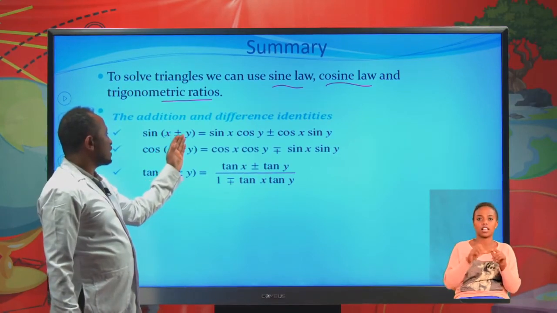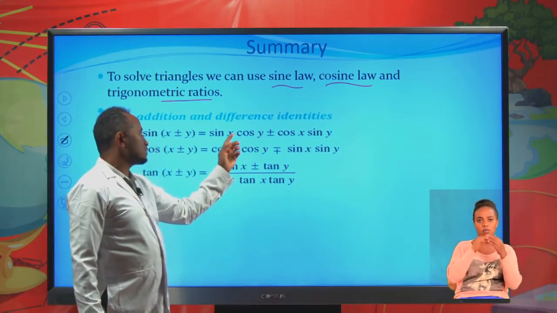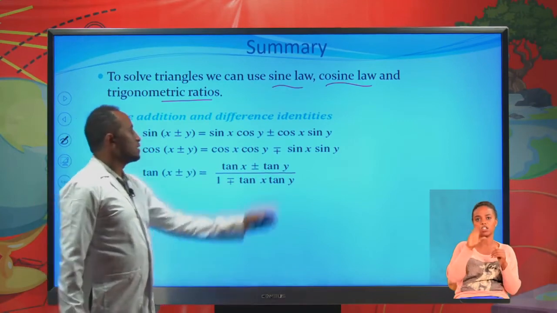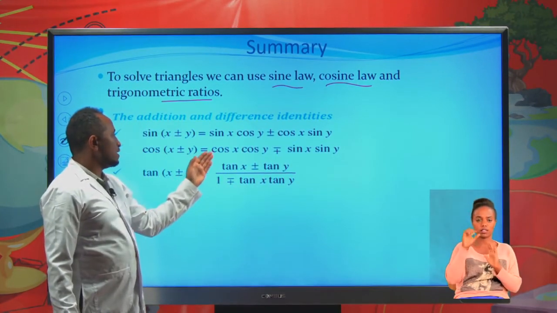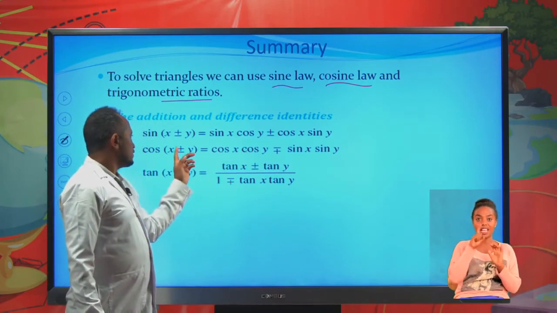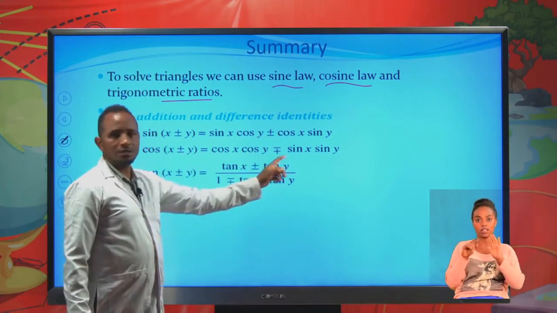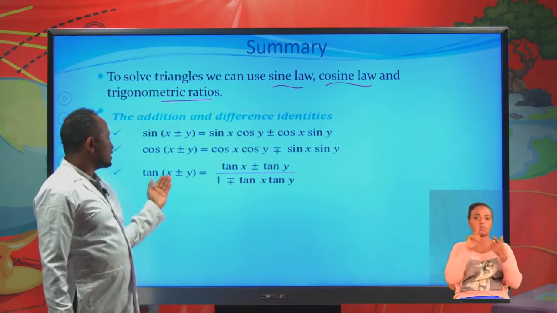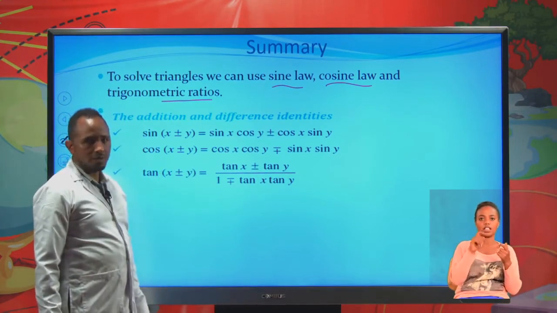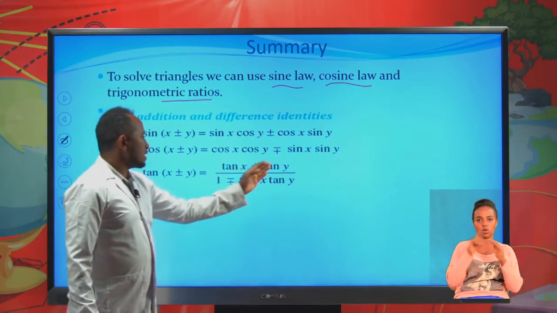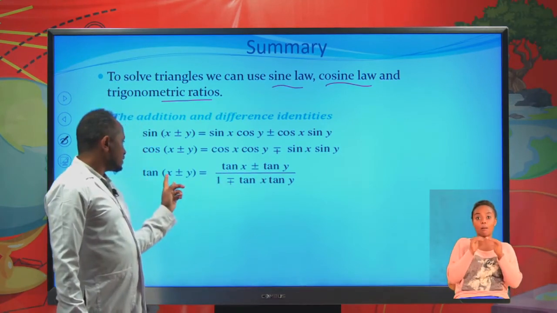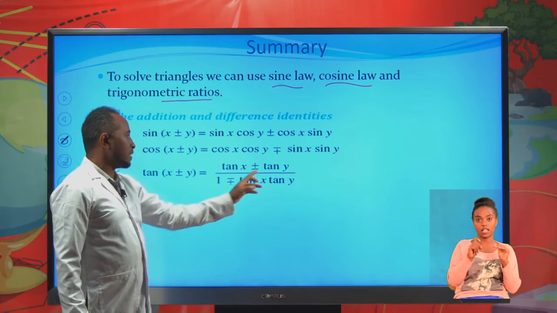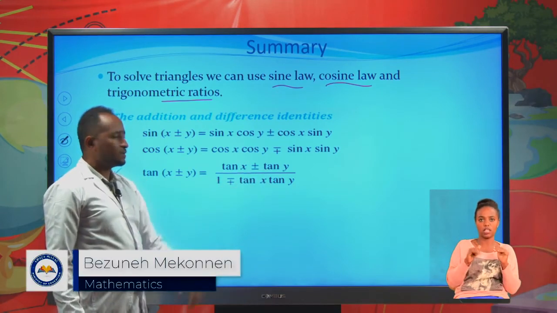Sine of x plus or minus y is given by sine x cos y plus or minus cos x sine y, and cos of x plus or minus y is given by cos x cos y minus, if it is plus, or plus, if it is minus, sine x sine y. And tan of x plus or minus y is given by tan x plus tan y over 1 minus tan x tan y, or for the minus case you use the lower one, tan x minus tan y over 1 plus tan x tan y.